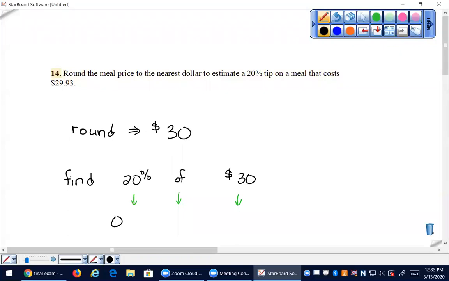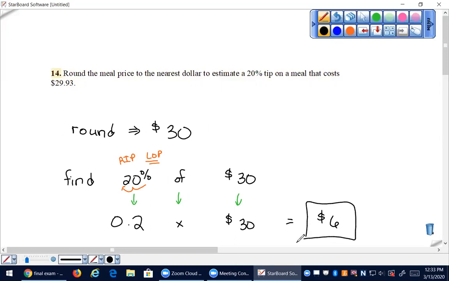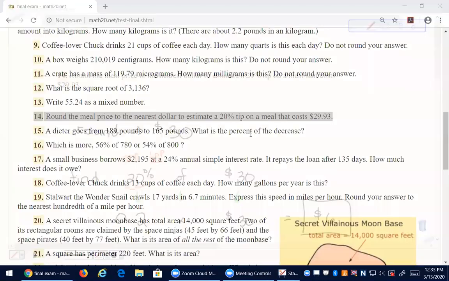So 20% becomes 0.2, and of becomes times. So $6. Those ones are easy.